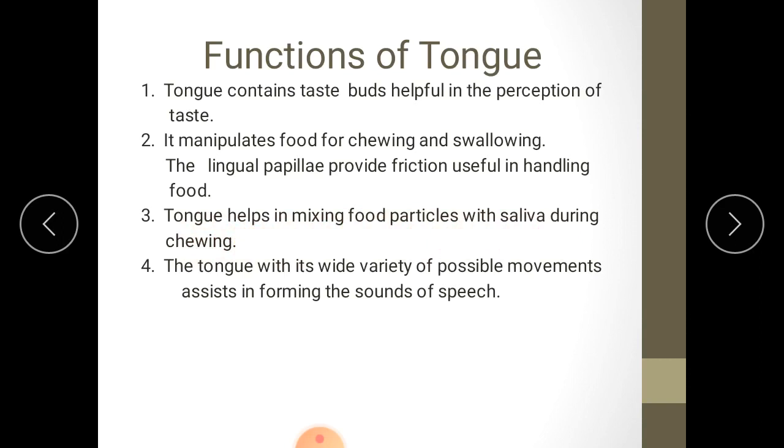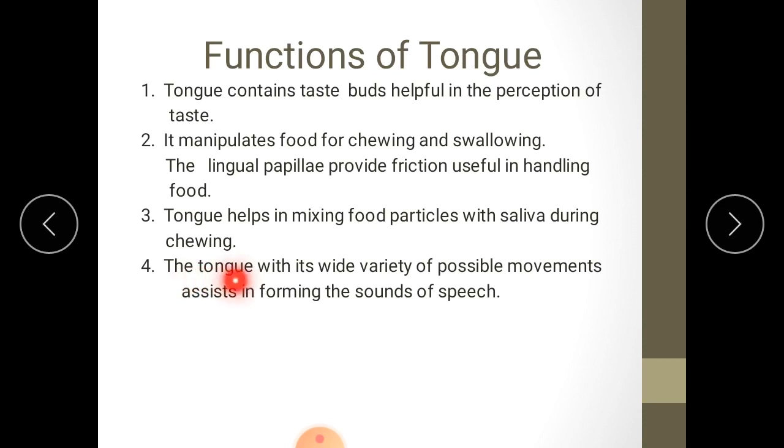During chewing, the saliva is properly mixed with food particles, so that the food which is taken into the mouth dry becomes moist after mixing with saliva, with the help of the tongue.